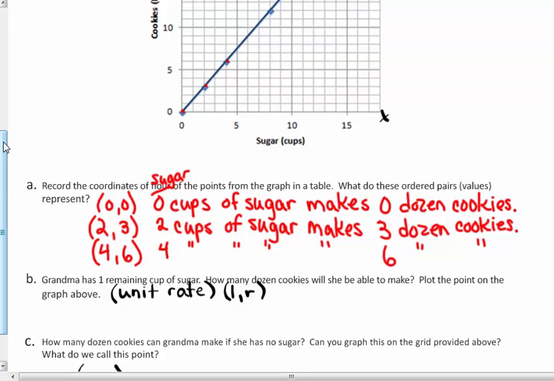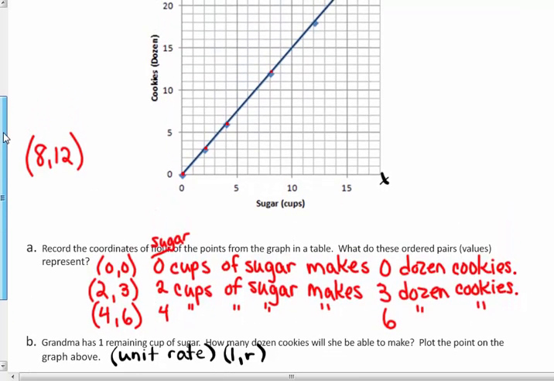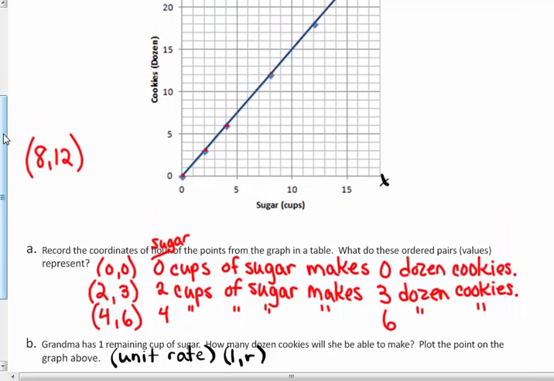What are some more ordered pairs that I see here? I see the ordered pair 8, 12, which means 8 cups of sugar makes 12 dozen cookies. Well, there are more points on this graph. One more says 12 cups of sugar makes 18 dozen cookies.